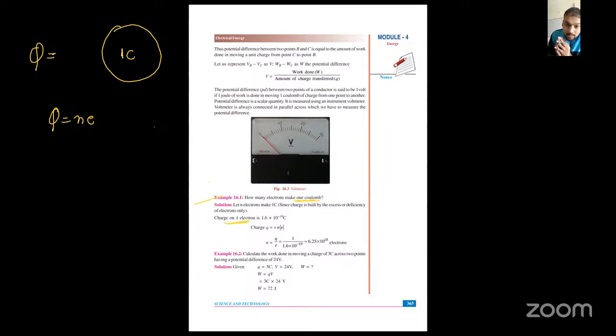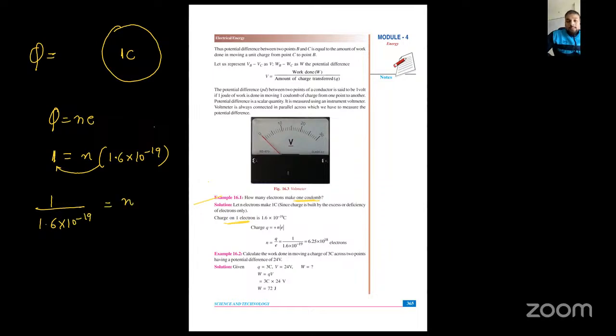That's what the question is asking. Q is given as 1, we have to find N, and E is always fixed, 1.6 into 10 to the power minus 19 coulomb. Now it is multiplication, so it will go and become divide here. So it becomes 1 upon 1.6 into 10 to the power minus 19 is equal to N. Did you understand, Abigail? No.